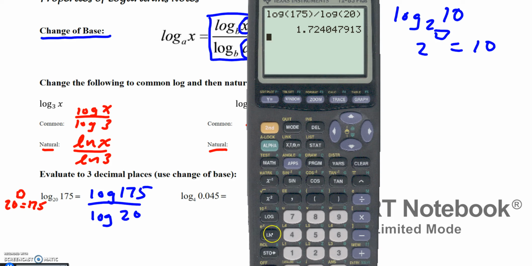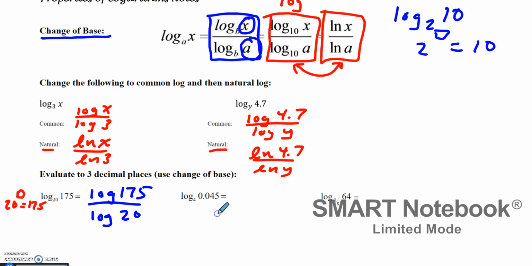While I'm here, let me do ln. ln of 175 divided by ln of 20. Notice that when I do this, I get the exact same answer. So again, it doesn't matter which one you choose. The answer we got here was 1.724, so that was my exponent that made this true.